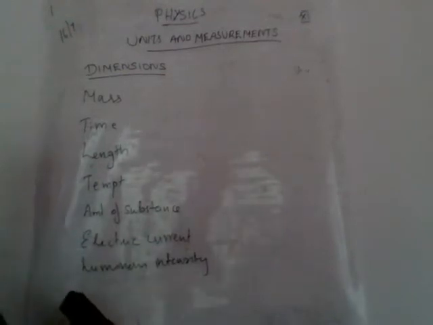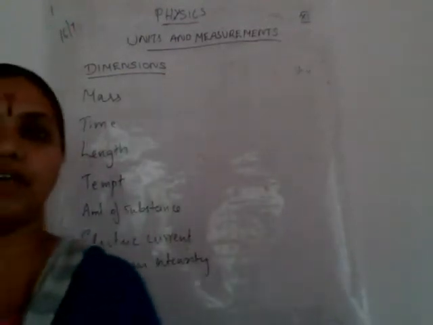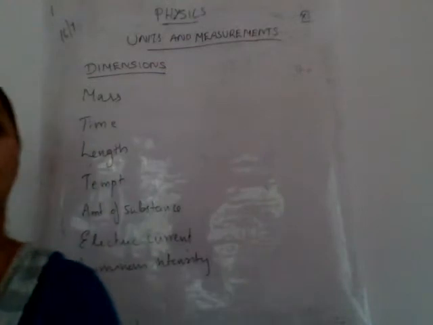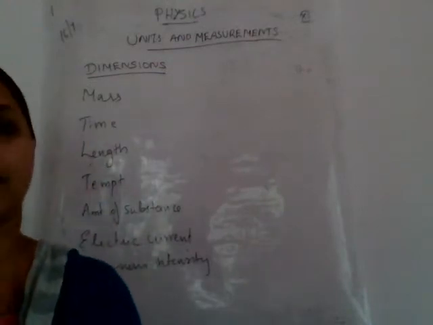These 7 fundamental quantities have dimensional representations.